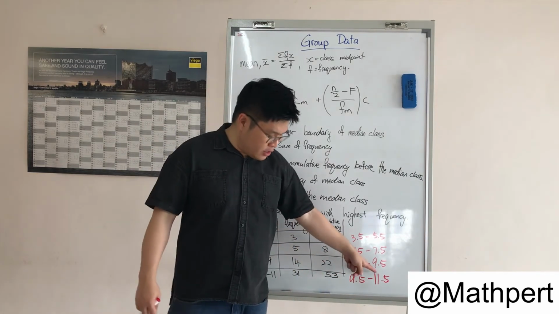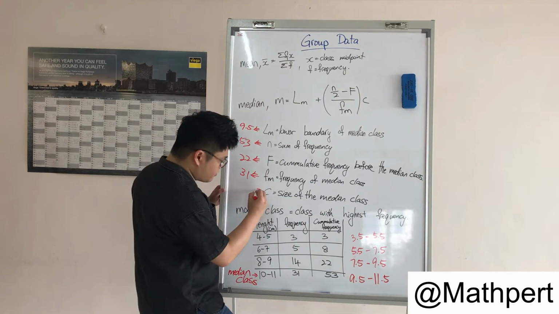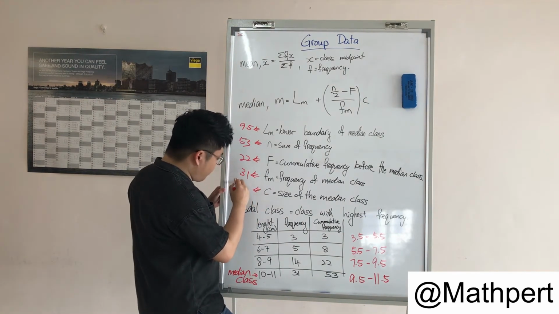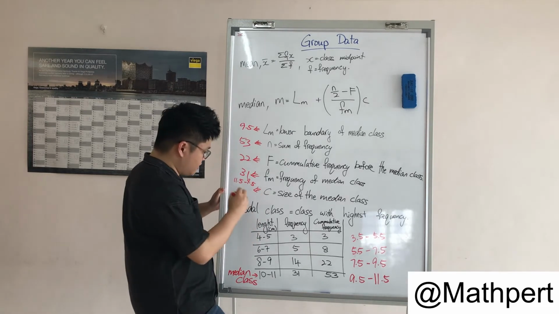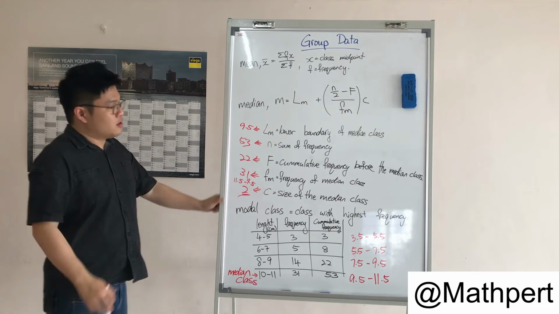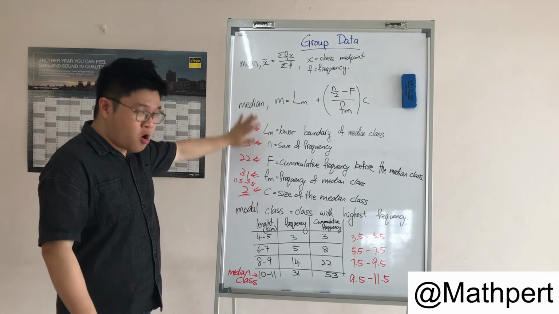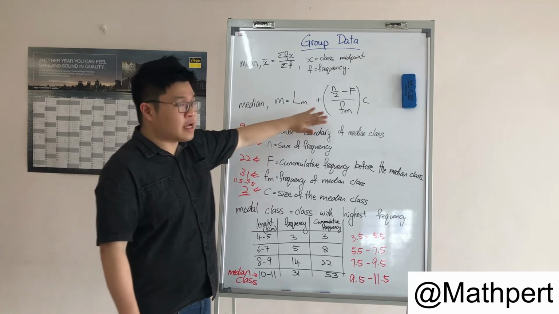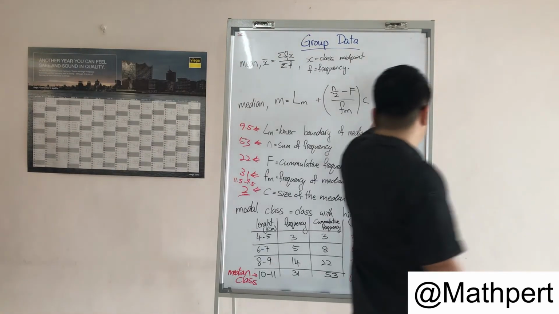So the bigger value minus the smaller value. So this will be 11.5 minus 9.5. How much do we get? 2, right? So after we got all these values, we put them inside and we can get the median, right?